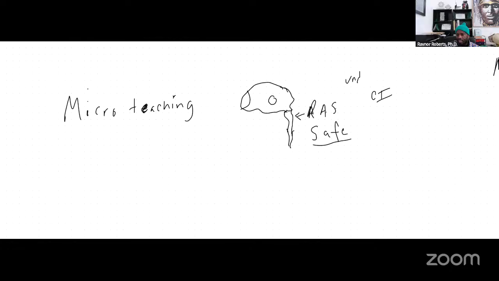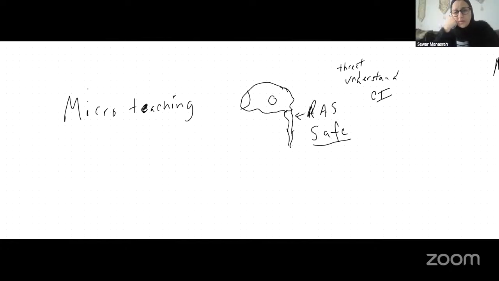Do I understand this input? And if I don't understand it, it's not safe. It could be not safe because it's in a different language, because the person who's speaking may be incoherent, or it may be a threat. Anything that's a threat is not understandable. We don't accept it.